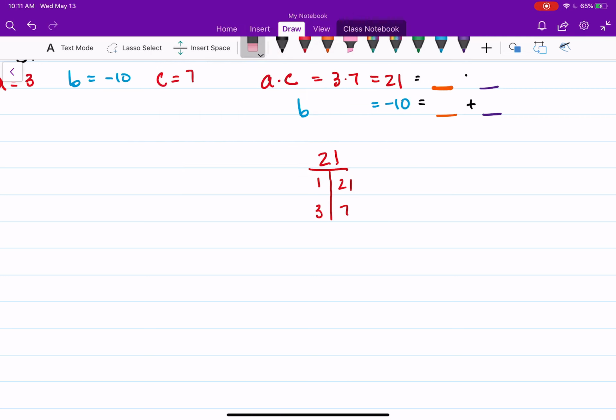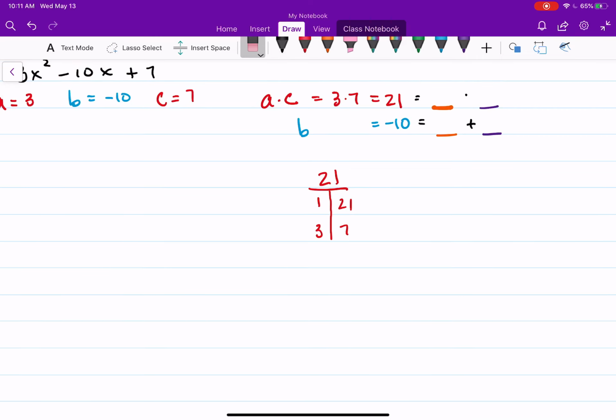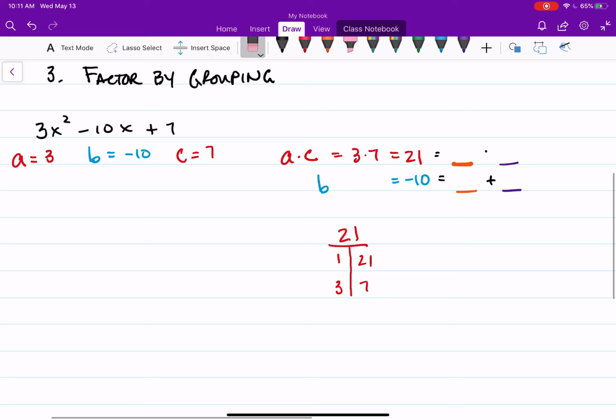So now we can look at it that way and say, I know that B is negative 10, and to multiply two numbers to give you 21, I have two choices: positive times positive or negative times negative. Both ways will work to get you positive 21.